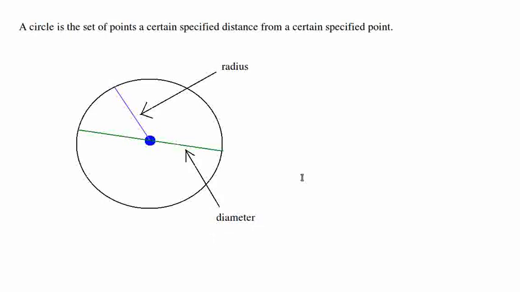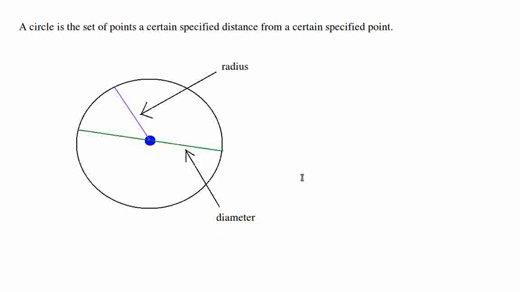Let me quickly mention that you will hear people refer to the length of segments like that green line segment as the diameter, but they'll also refer to that green line segment itself as a diameter. All right, so again, keep that in mind.